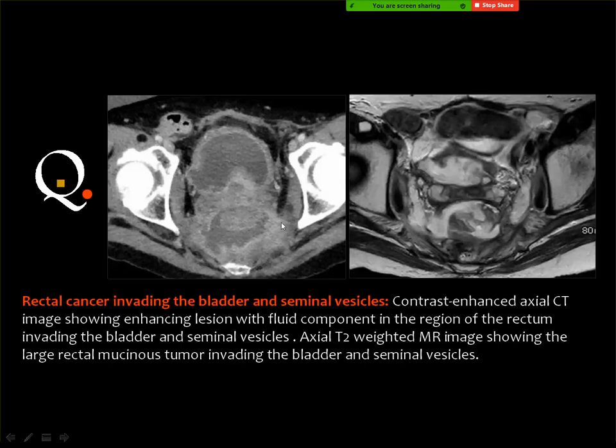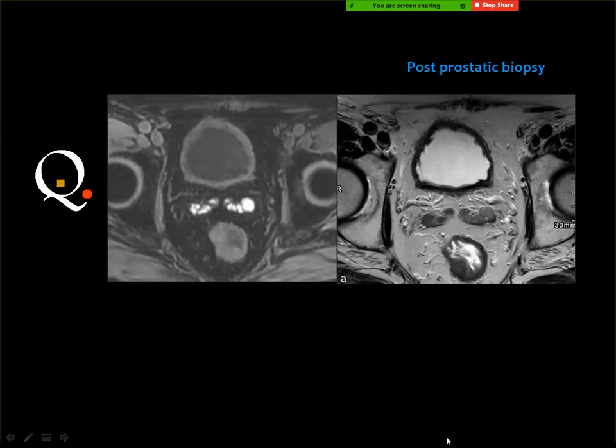Also you see the main bulk of the lesion is located posteriorly in the area of the rectum. But of course you need the clinical data. If you say this is just a malignant lesion invading the rectal area, the prostatic area, and the bladder, this will be quite enough for the diagnosis.